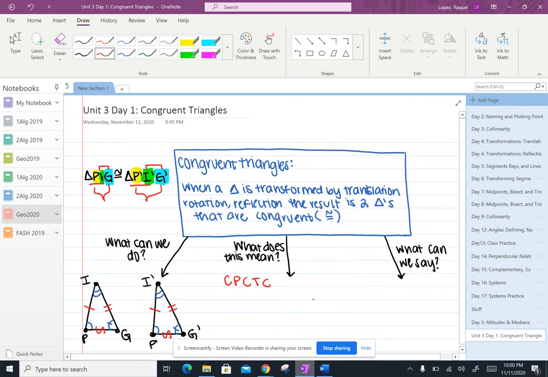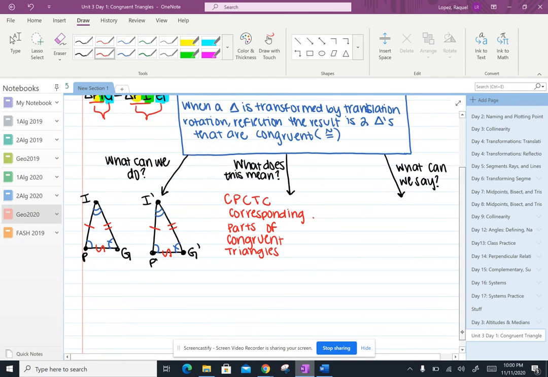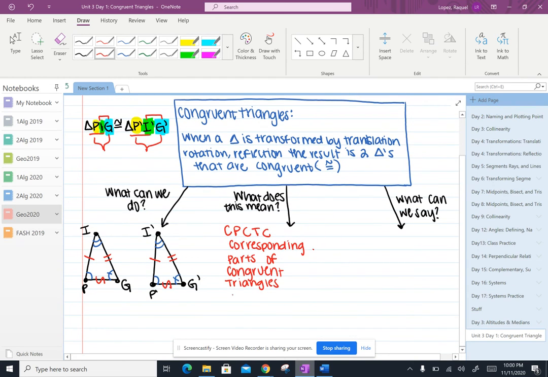And what that means is corresponding parts of congruent triangles are congruent.